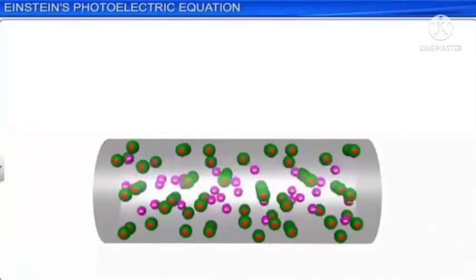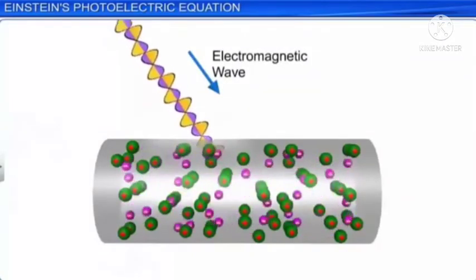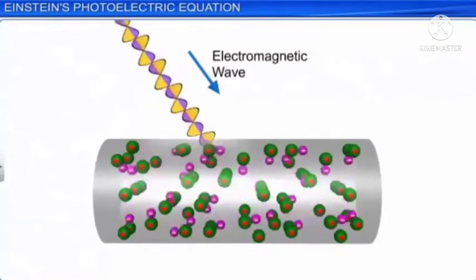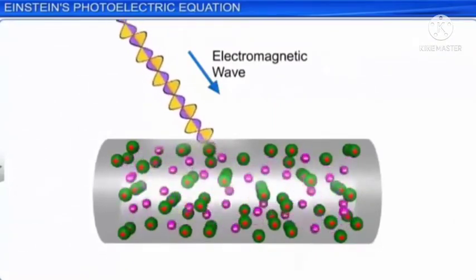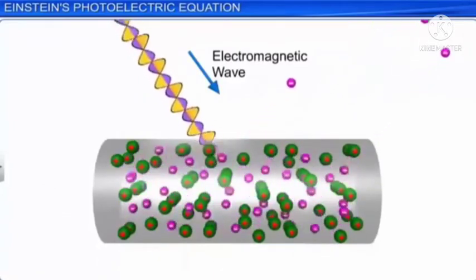According to the wave theory, when electromagnetic waves are incident on a metal surface, the electrons of the metal surface absorb the energy continuously. Photoelectrons are ejected from the metal surface.